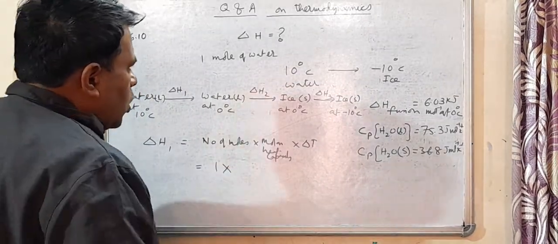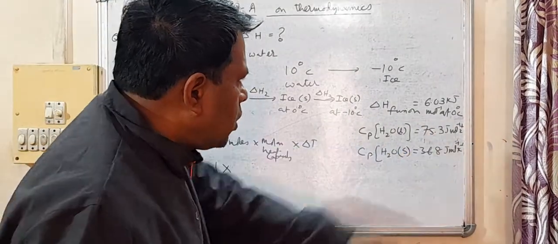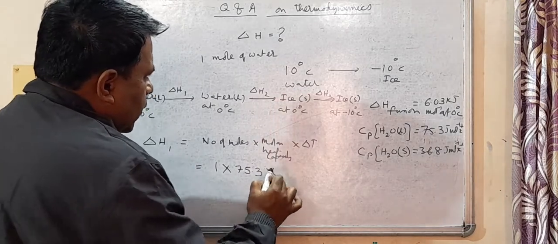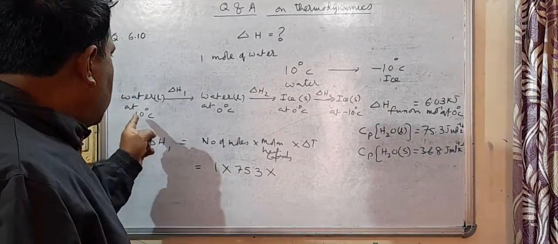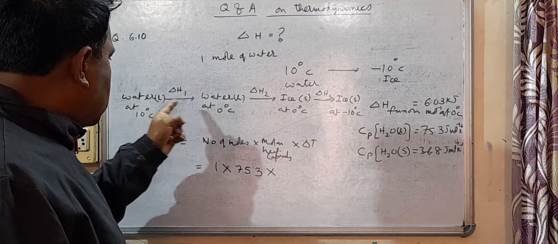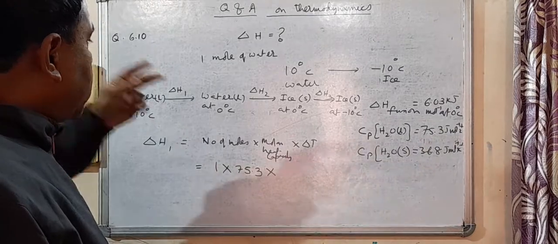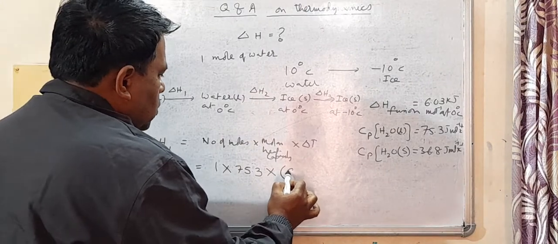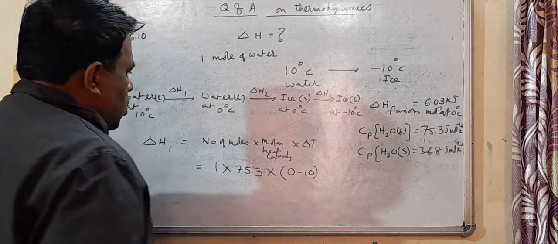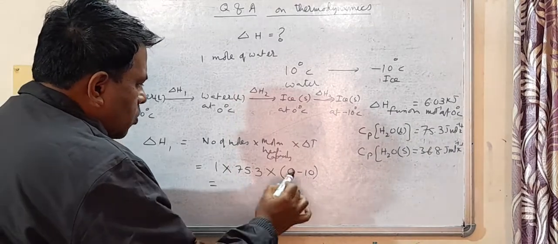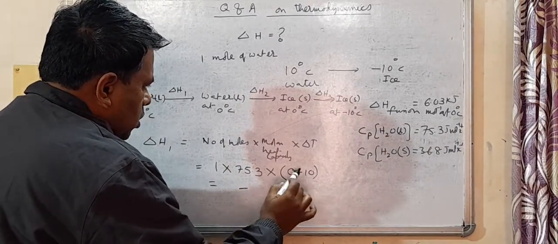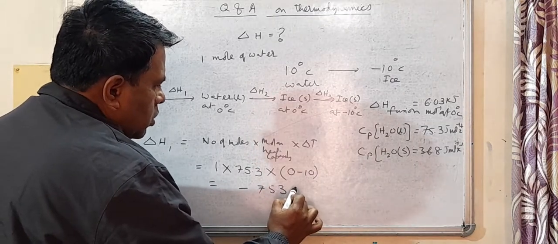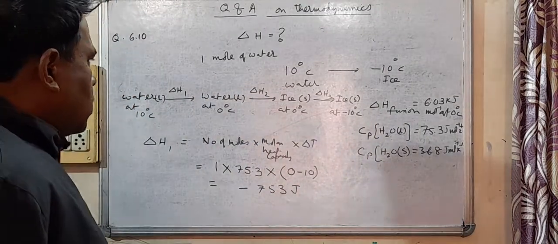The molar heat capacity of liquid water is given as 75.3, and the change in temperature, when we change from 10 degrees Celsius to 0, is final minus initial, so 0 minus 10. So minus 10 into 75.3 gives minus 753 joules.